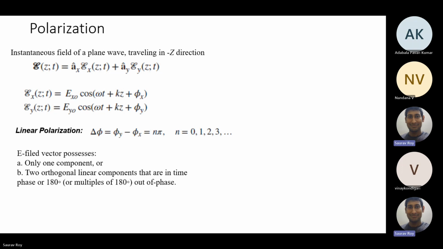My question, a basic one from basic electromagnetics: why is it cos(omega t plus kz)? What information do you have from this term cos(omega t plus kz plus phi x)?